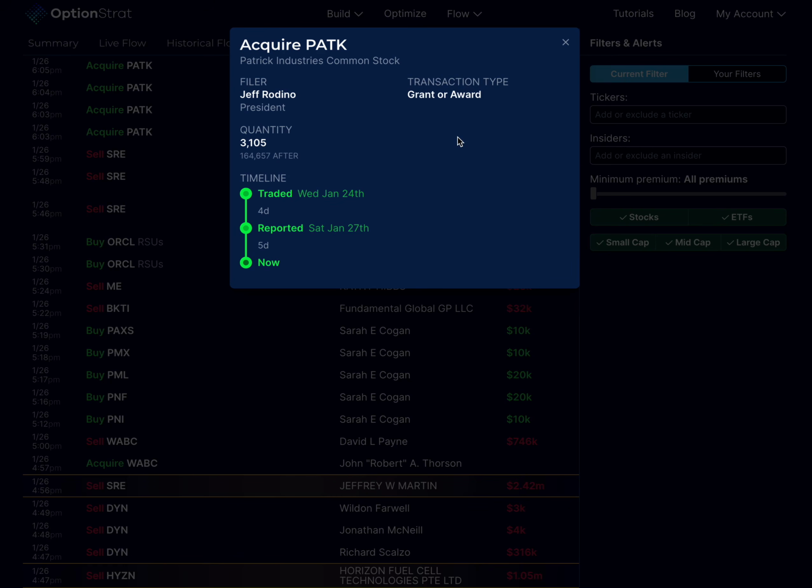Maybe the company had a good year or quarter, and part of these people's compensation was receiving shares or options in the company. It could also be something like, when they take the company public, each one of the C-suite executives gets a certain number of shares, options, etc. So there is a difference between acquiring and buying.